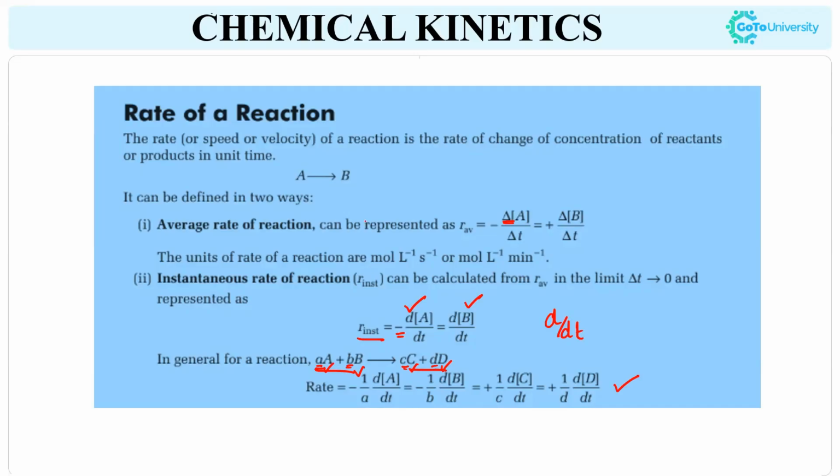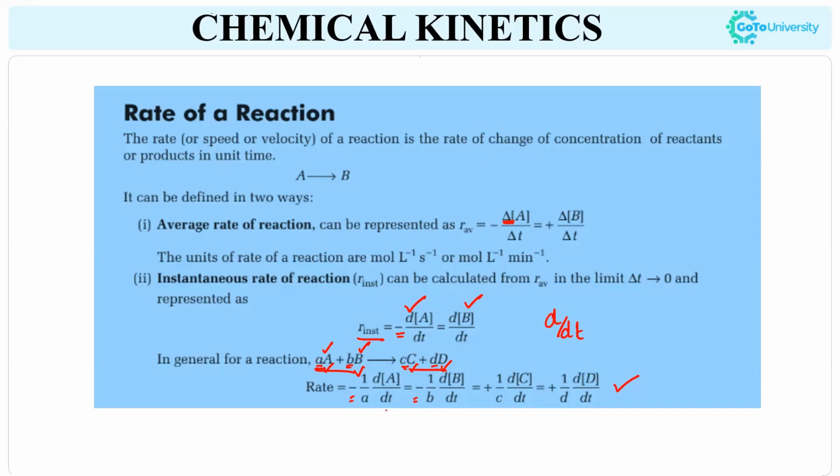While writing the rate equation, we have to consider the coefficient as well. So what are the reactants here? Reactants are A and B, right? So the concentration of both A and B will decrease with respect to time, right? So in both cases, we have to use the negative sign that is given here. Now, coming to the coefficient. The coefficient of the reactant term should be written as 1 by a, because the coefficient of A is small letter a.